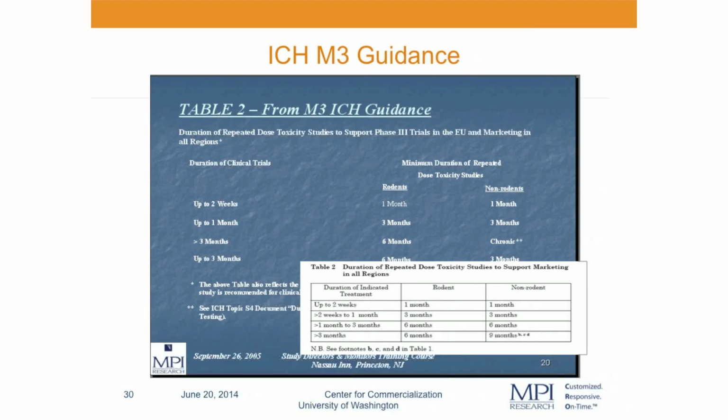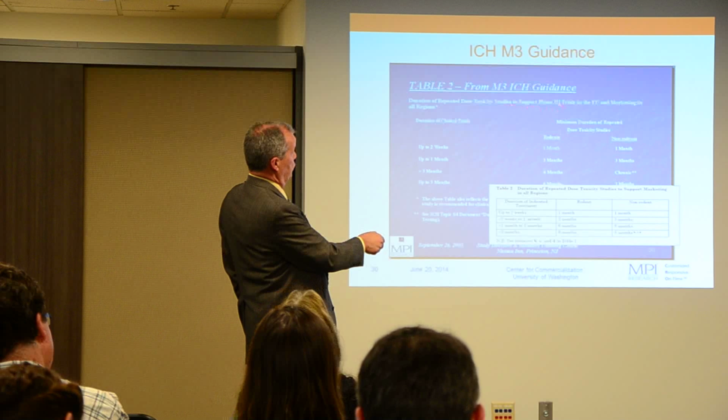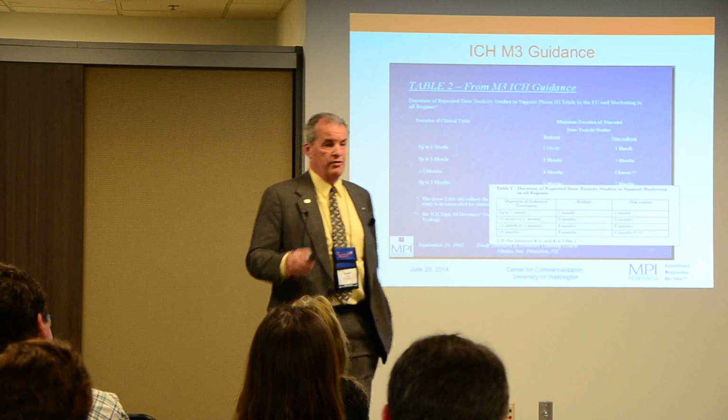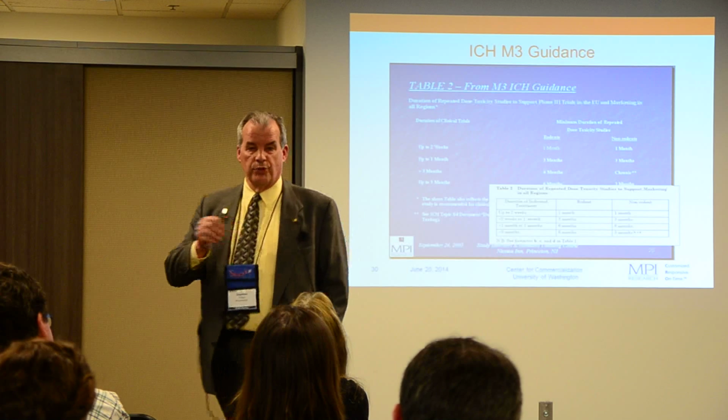This used to be 12 months for non-rodents. That was a pretty expensive, long duration study, but they reduced it in this guidance. And this is here now to cover the categories: duration of repeated dose toxicity studies to support phase 3 trials in the EU and marketing in all regions. So you can see even under ICH there are some exceptions.